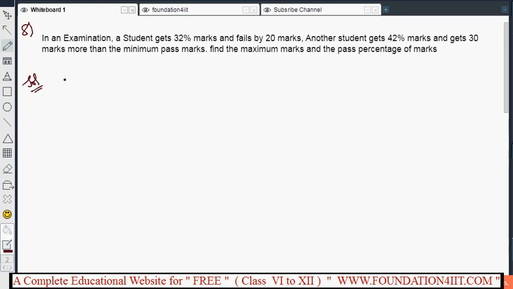So in two cases we can solve this. First one is one student got 32% but he failed by 20 marks, and one more student got 42% marks but he passed 30 marks more than the minimum pass. Okay, let the maximum marks be x.